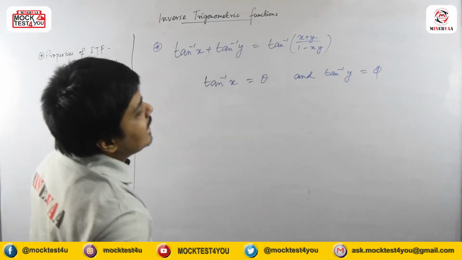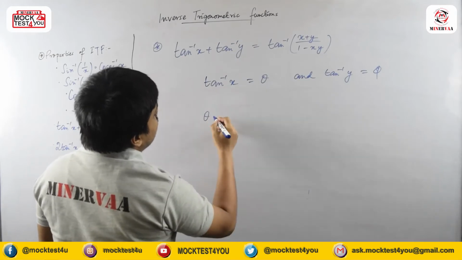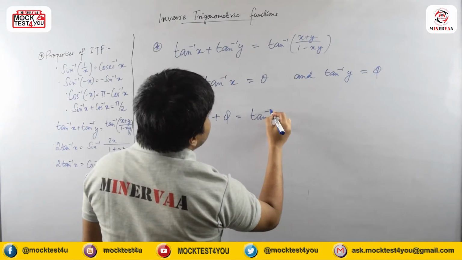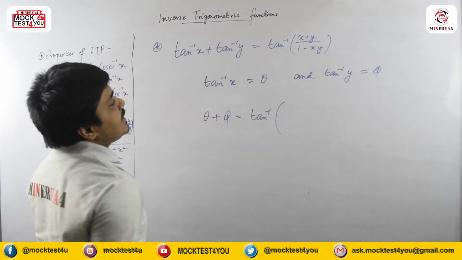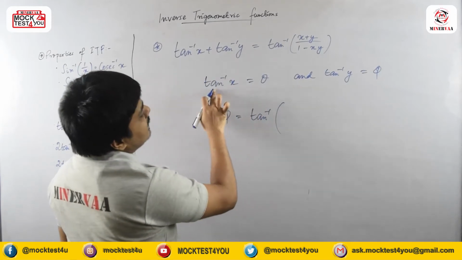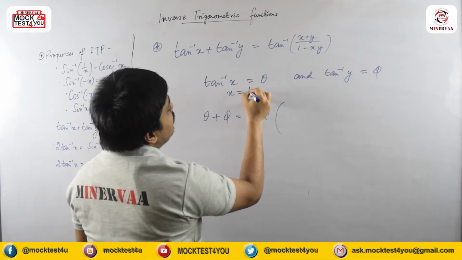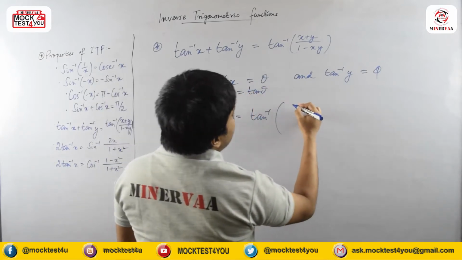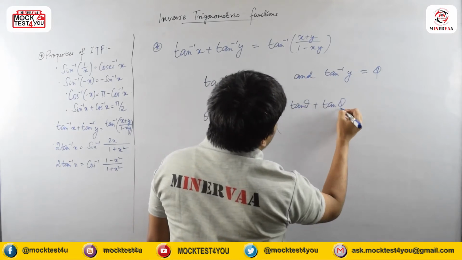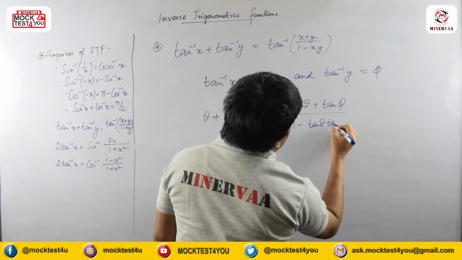In the left hand side, we get theta plus phi, equal to tan inverse of... what is x? Tan inverse x is theta, so x is equal to tan theta. So we have tan inverse of (tan theta plus tan phi) divided by (1 minus tan theta tan phi).